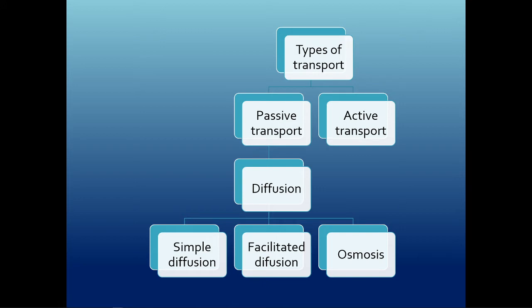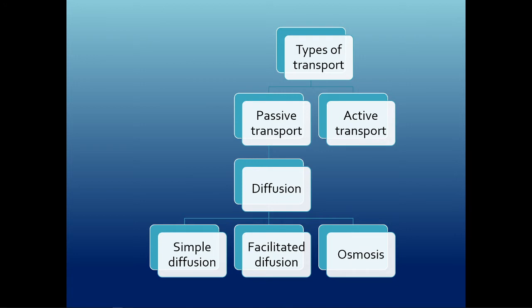So if you think of that analogy I made of dropping that red dye into the beaker of pure water, we didn't have to add any energy to it. I didn't have to stir it, I didn't have to add heat to it or anything like that. It moved on its own because of that gradient. So that's passive transport.